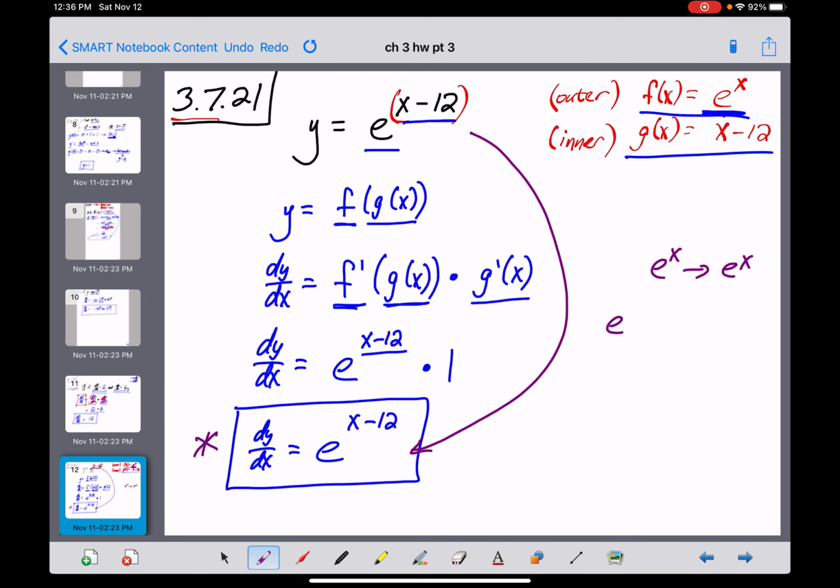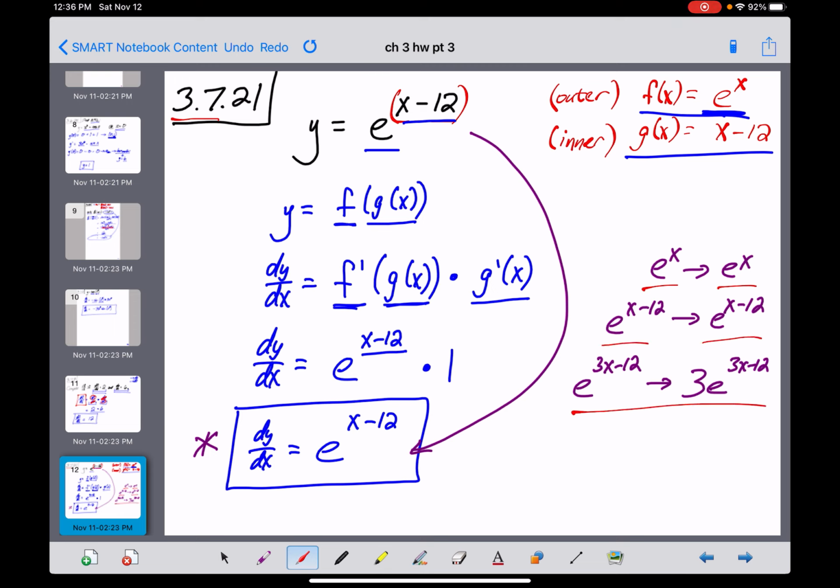So you might look at this and say, okay, if that derivative is equal to that again, then I can conclude that the derivative of e to any power is always the exact same thing. Well, the example I had just a second ago is a counterexample to that. The derivative of e to the 3x minus 12 would have been 3e to the 3x minus 12. And that tells you it is not true that the derivative of e to any power is just equal to the original function. It is true in certain cases, but it's not true in every case.